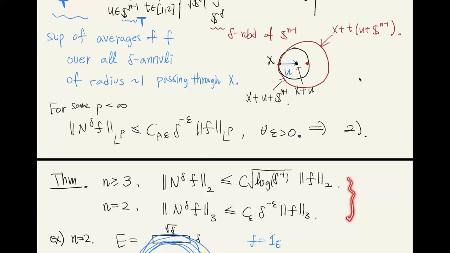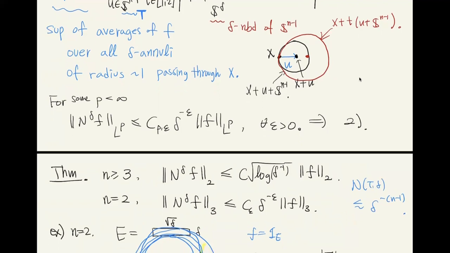As long as the delta covering number satisfies this estimate, the estimate continues to hold for any such T. So we use this estimate and combine it with local smoothing estimates to prove such an estimate.